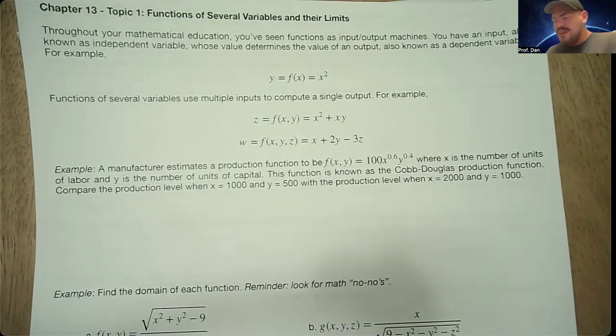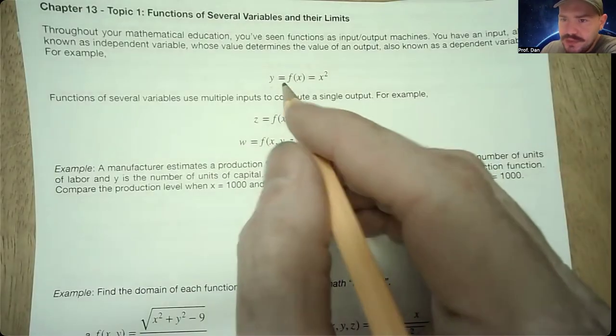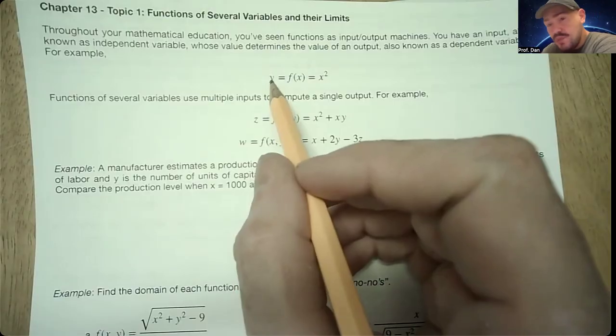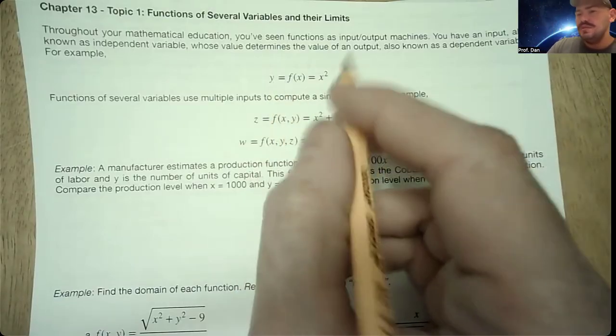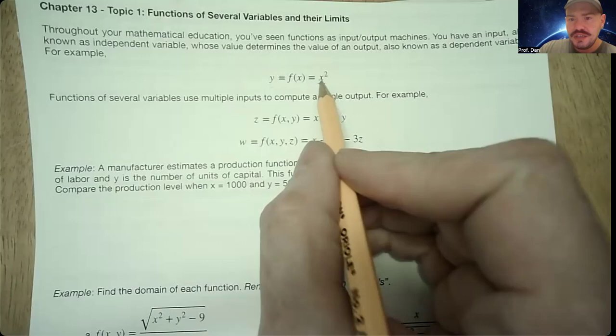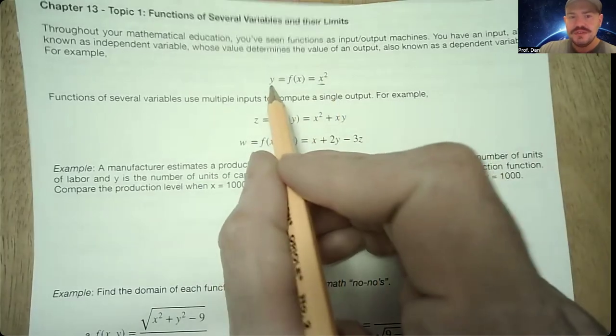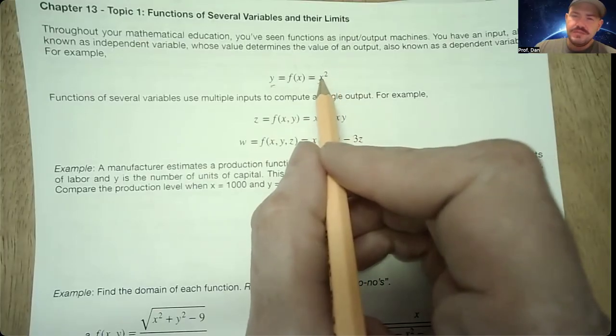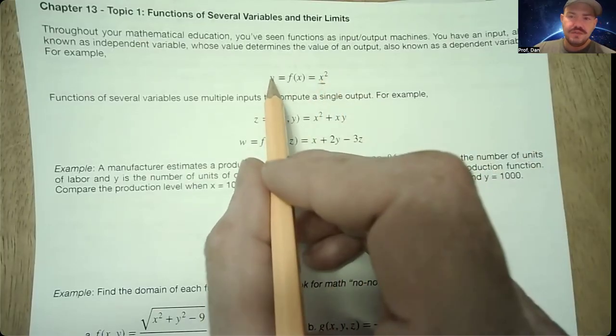But in that realm, f of x is still the same thing as y, and y depends on x. This is our independent variable. This is our dependent variable. A value for this can be used to predict a value for this.